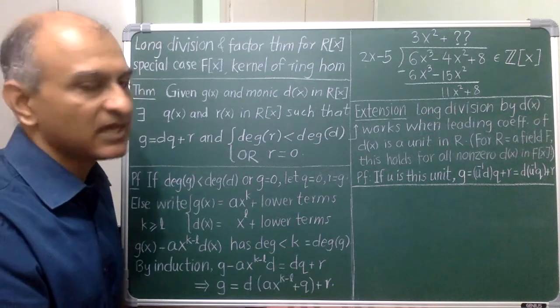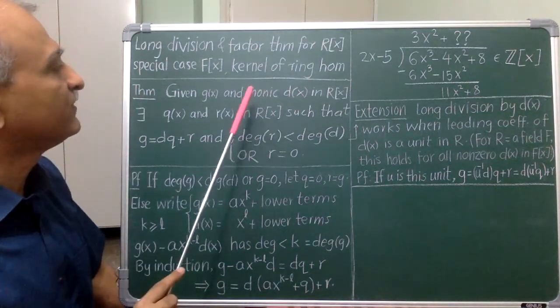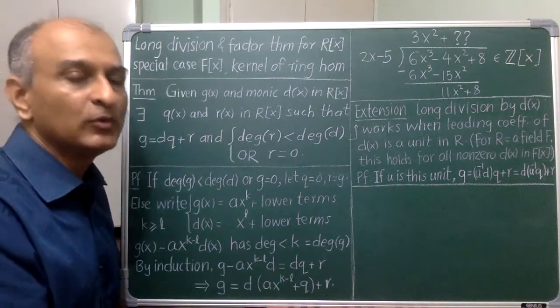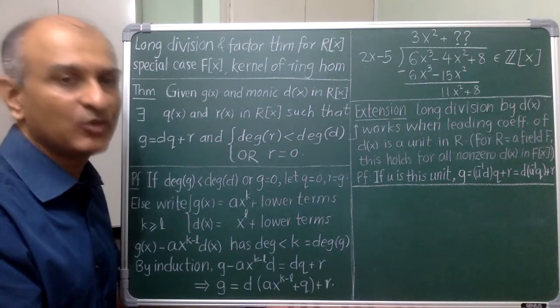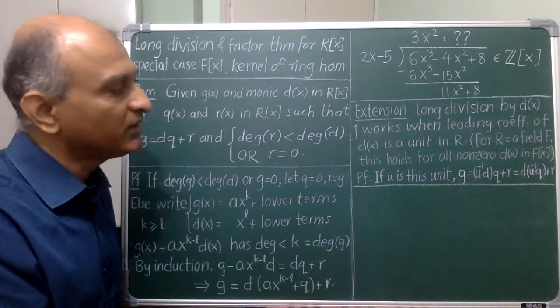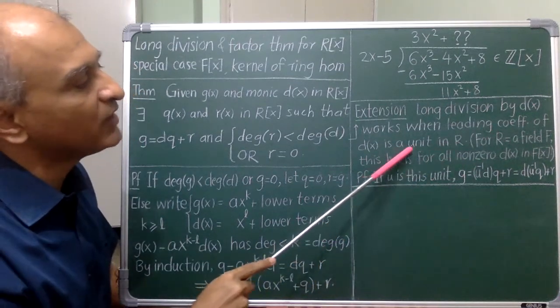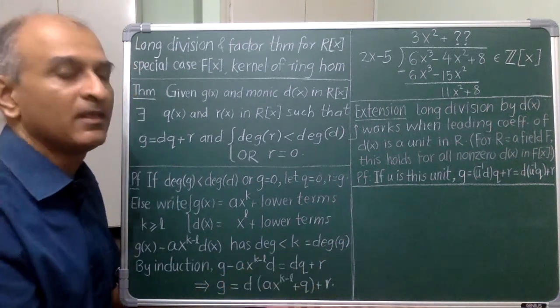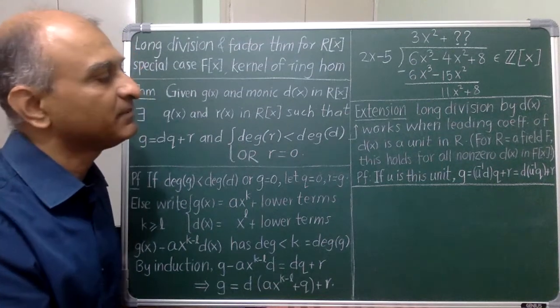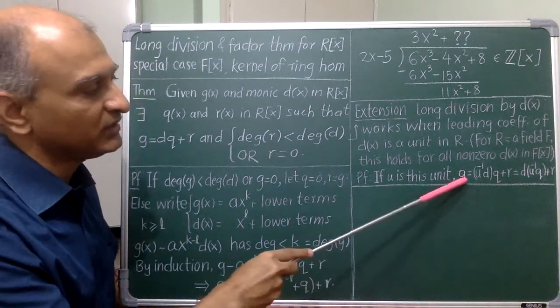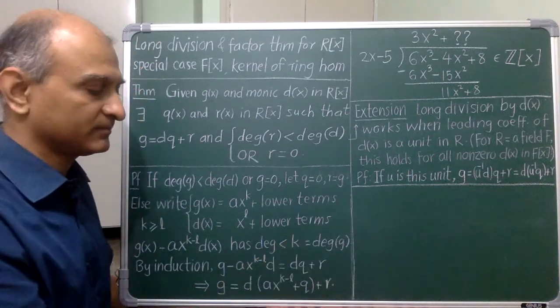So I can use this idea to slightly generalize long division as follows. I no longer require d to have leading coefficient 1, but long division will still work if the leading coefficient of d is now a unit in the ground ring. The proof of this is easy. I simply adjust by the inverse of this unit as I have written over here.